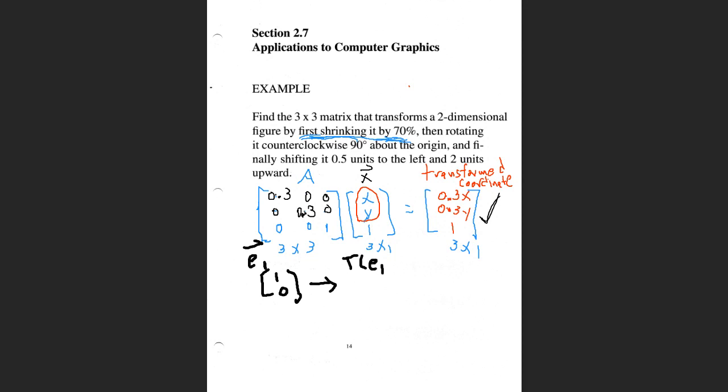The transformation of E1, if you were to shrink by 70%, would be 0.3 and 0. And that's what we have here. That's the transformation of E1. And then the second column gives us the transformation of E2.